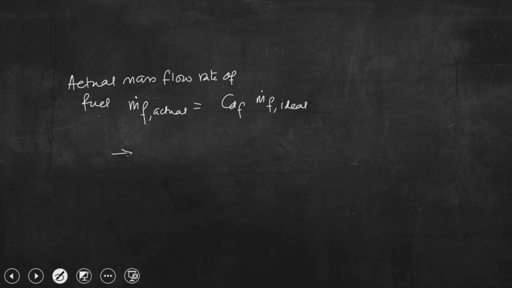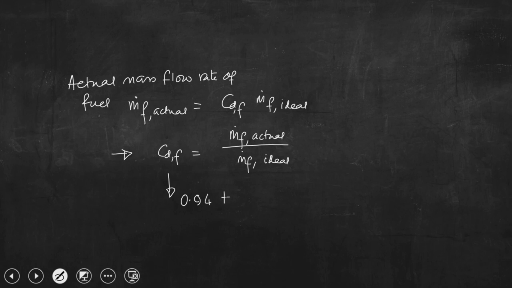So, that means CDF, discharge coefficient of fuel, is m dot fuel actual by m dot fuel ideal, and this discharge coefficient varies from 0.94 to 0.99. Okay. So, this is for the high flow rate and this is for the low flow rate.